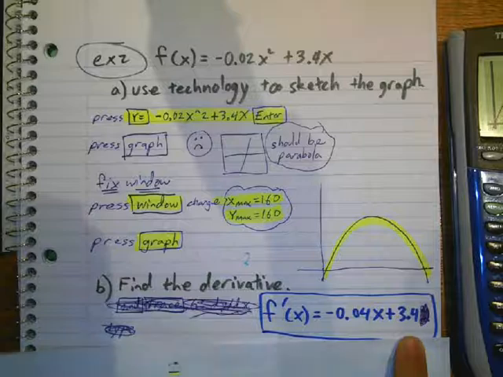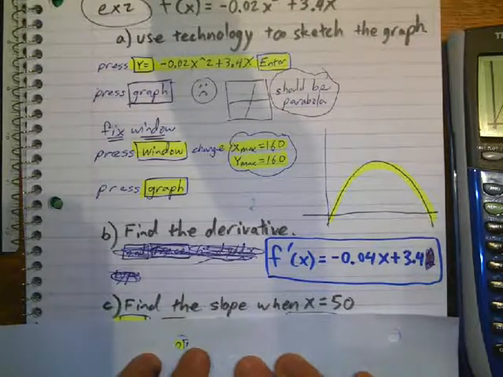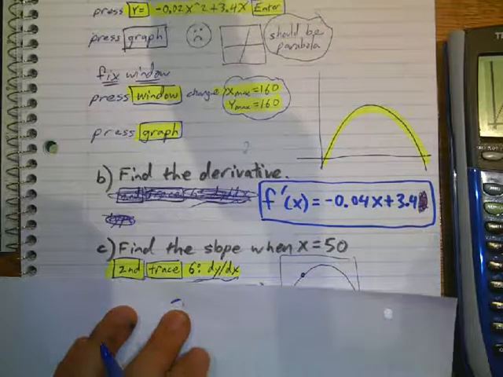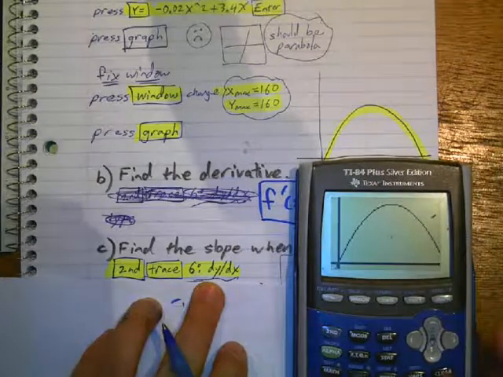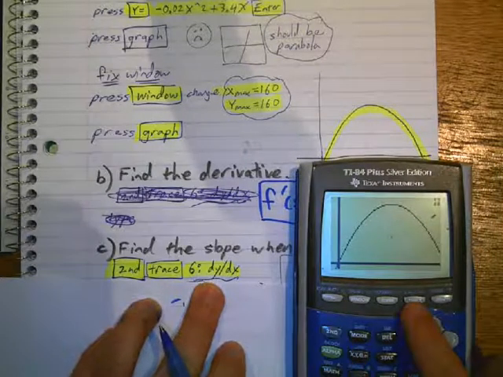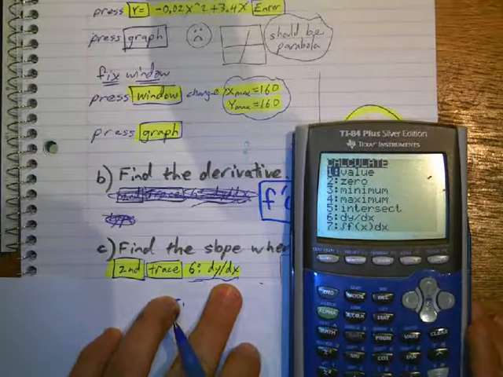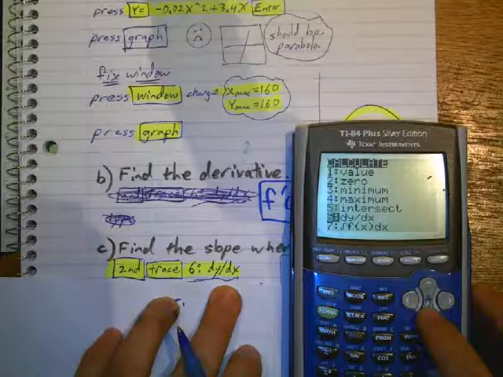Okay, next, find the slope when x equals 50. I'm going to show you calculator steps to do this. The first thing I'm going to do is press second trace. Then to get the derivative, which is the slope, I'm going to hit the number 6, either that or arrow down to number 6 and hit enter.